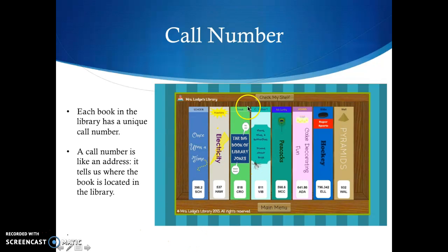Right here, Crook, we're only taking CRO. We have that down here. And 818 just means that this is in the literature section. And this right here is the call number. The call number is located on the spine of the book.